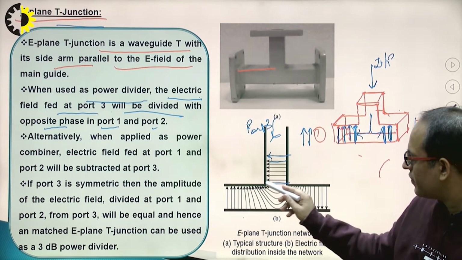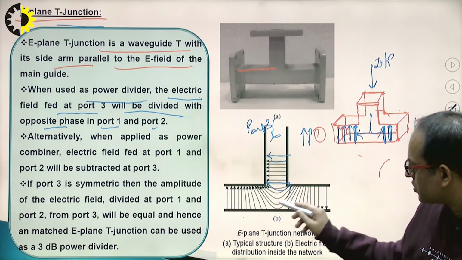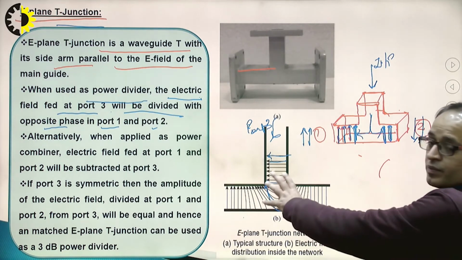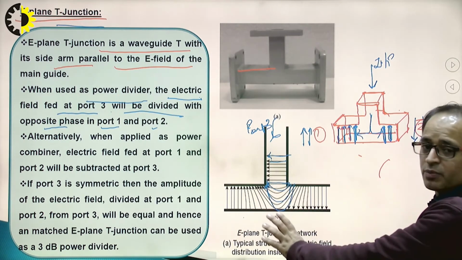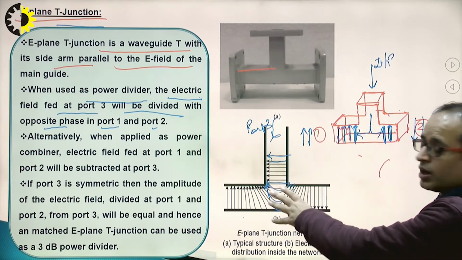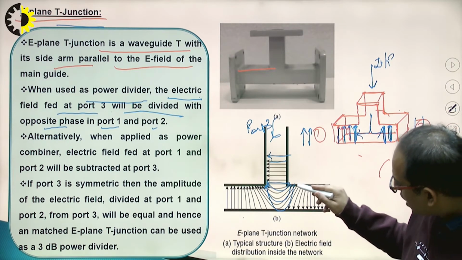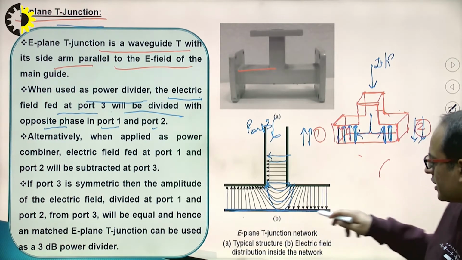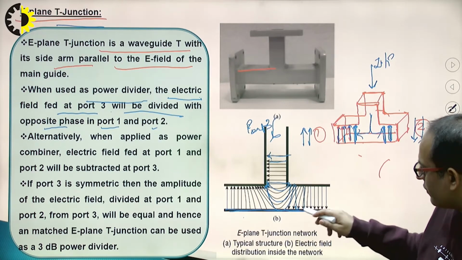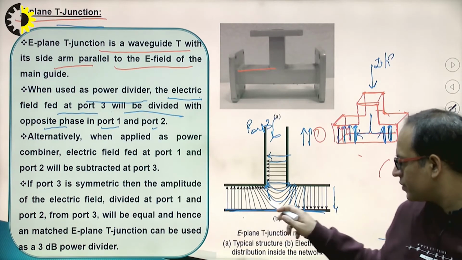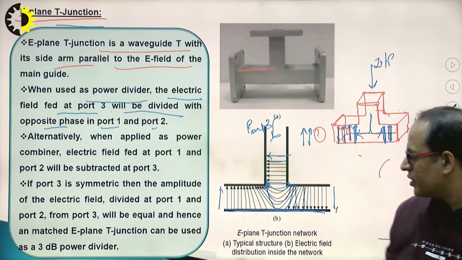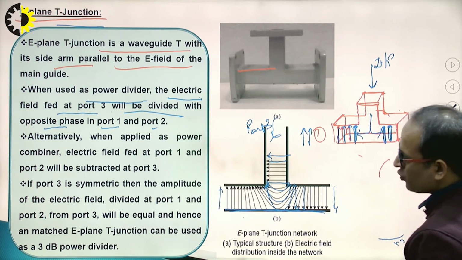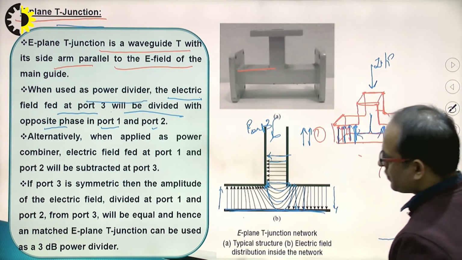Now let's say this goes like this, because this electric field needs to have some endpoint which is of higher potential, because the electric field moves from lower to higher potential. So after I get this T point, the electric field will be in this direction, and at this point it will be in this. You will see that both ports have the electric field at the output, but in opposite phase. Clear?